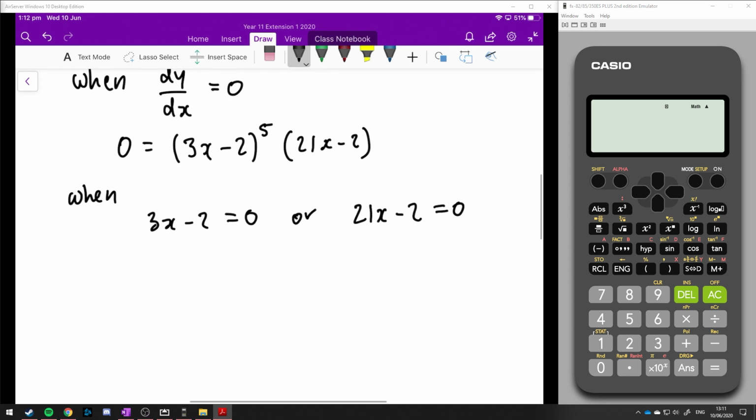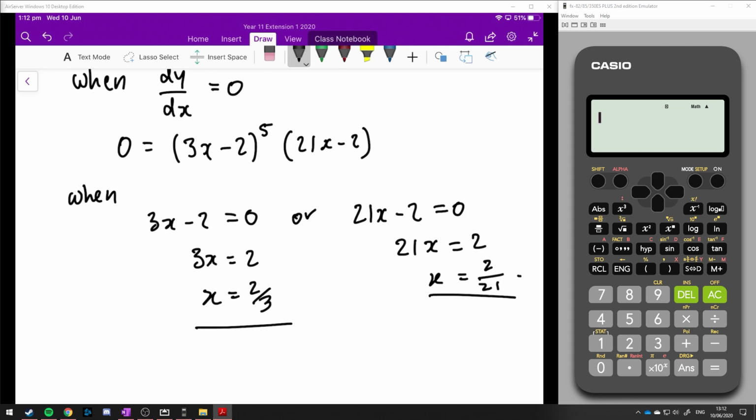So some bigger ones for this one, or a big value, I should say. So rearranging for x, we're going to get 3x is equal to 2, so x is equal to 2 on 3. Or we're going to get 21x is equal to 2, so x is equal to 2 on 21. And those are going to be the two values where dy dx is equal to 0.